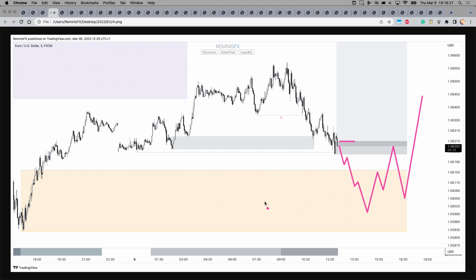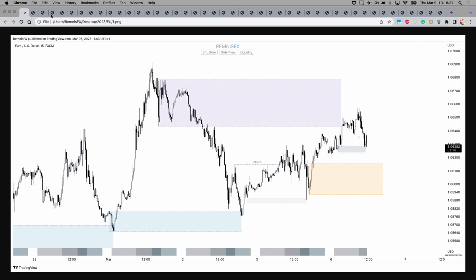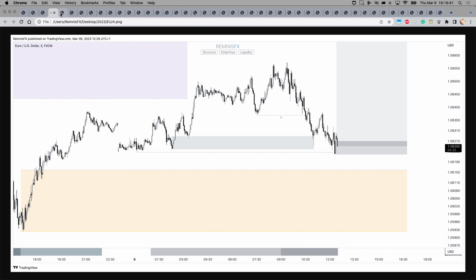Because we still have a huge unmitigated order flow here, which I marked also here, right? So definitely keep that in mind. And oh, this one too far.